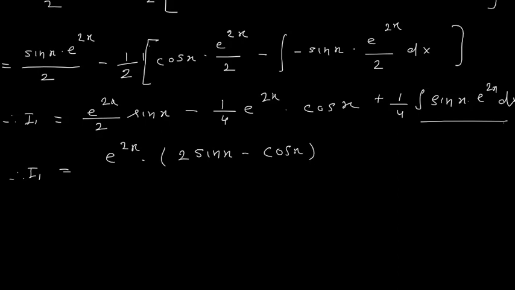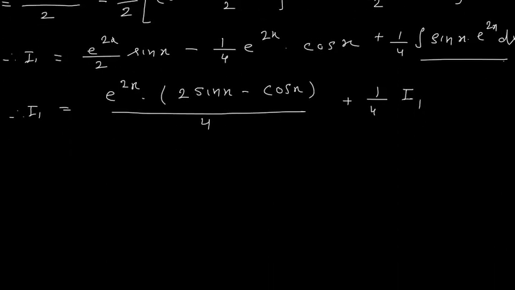What I have done is taken e power 2x common, plus this is 1 upon 4, and this whole term is again I1, so write I1. Now this 1 upon 4 I1 I will move to the left, therefore I1 minus 1 upon 4 I1 is equal to e power 2x whole divided by 4, in the bracket 2 sin x minus cos x.